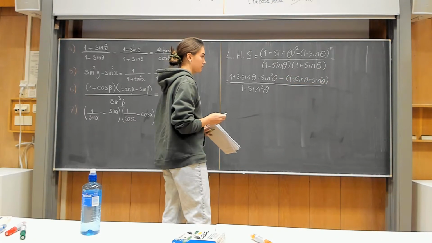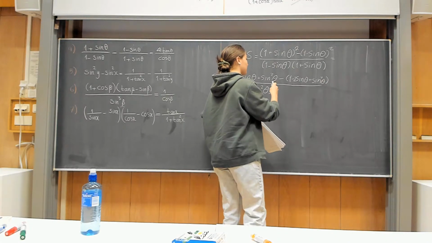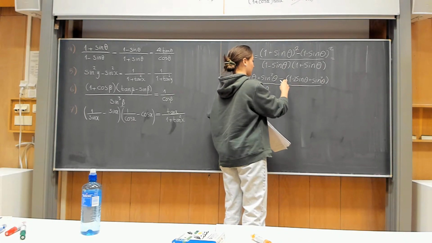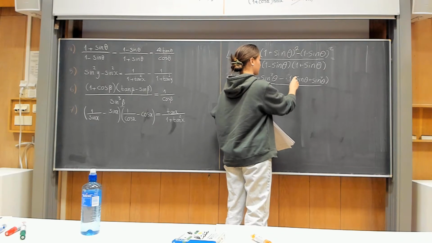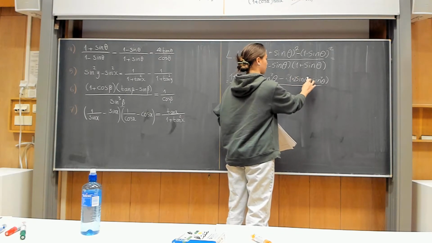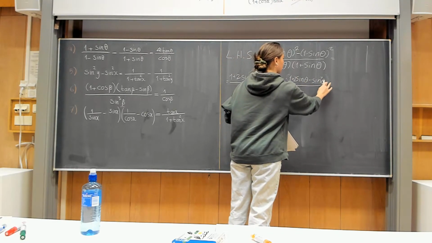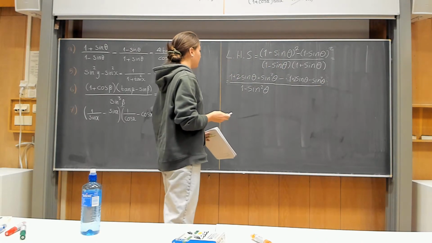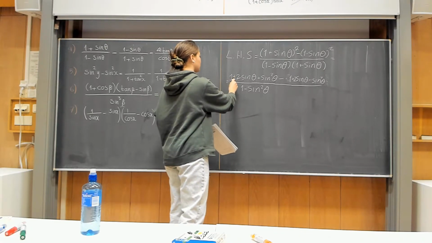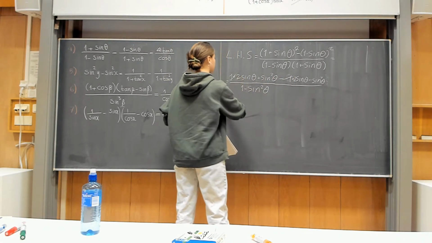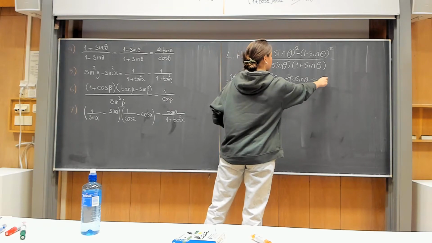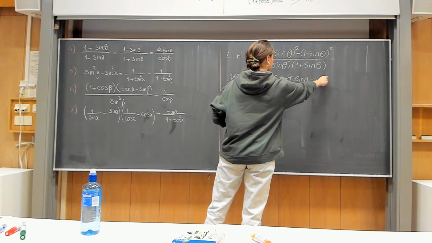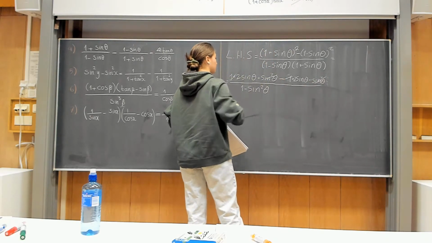But then I just multiply the negative sign in, so it becomes minus 1, and this becomes a plus, and this becomes a minus. So now she removed the pair of brackets and applied that negative sign into all those terms. And then plus 1 and minus 1 will cancel. And minus 2 sine theta and plus also cancels.